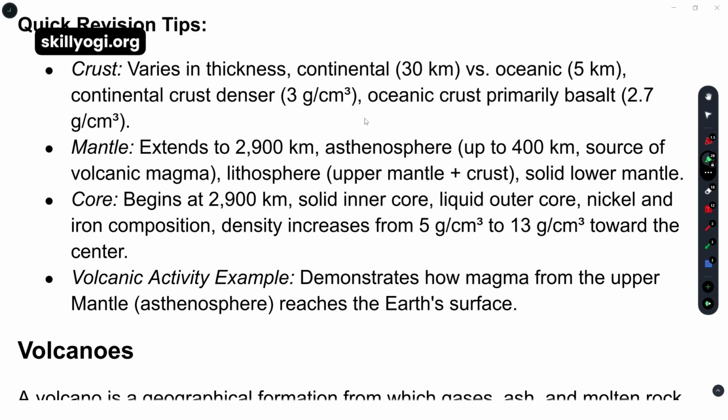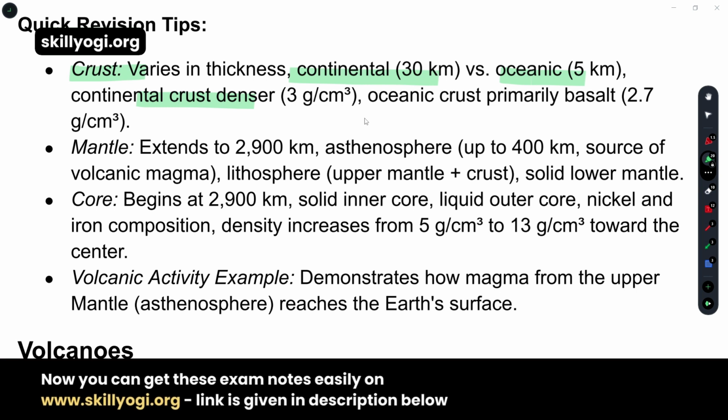So what we have learned from the above 3 layers of the earth: the first one is the crust, with continental thickness of 30 km, oceanic 5 km, continental crust density 3 gram per centimeter cube, and oceanic crust density 2.7 gram per centimeter cube.